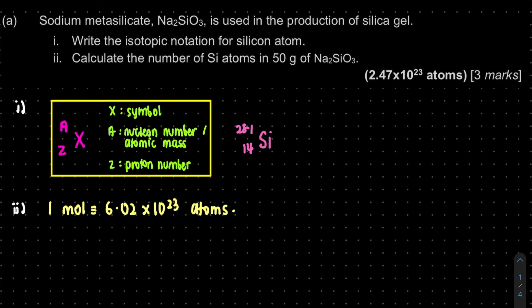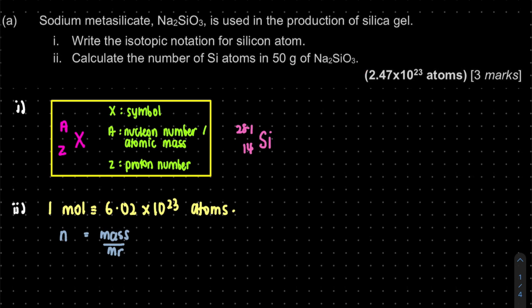So how do we find out the number of mole? The number of mole is equal to mass divided by molar mass. How do we find out the mass? The mass we have from the question usually. The molar mass is from the list of constant. Based on the information given, we have 50 gram of our sodium metasilicate.